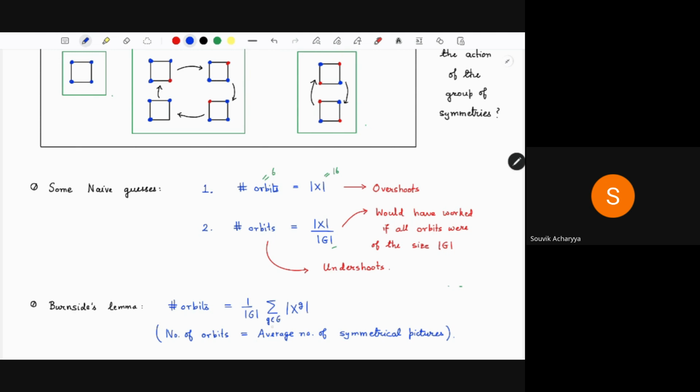You sum over all of these symmetries and you look at the number of fixed figures, that is, the number of figures which are invariant under the symmetry g, and you take an average of those. So if I write this heuristically, the number of objects is equal to the average number of symmetrical figures.